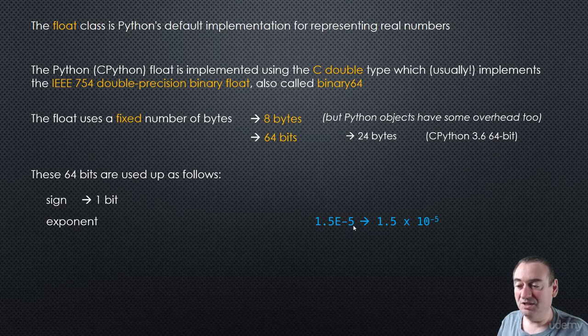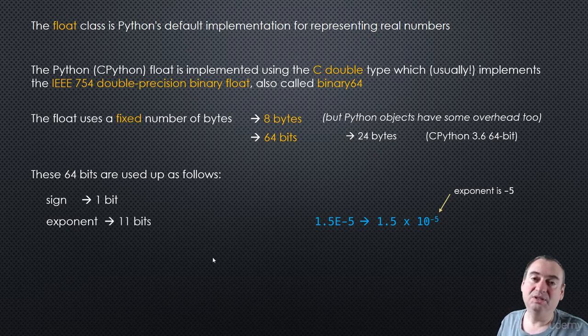And this notation is standard in Python. You can use that to create a literal for a floating point number. The case of e can also be lowercase, it doesn't matter. But this number here, this negative 5, that is the exponent. So any number can be written as a number times 10 to the power of something. And that something is the exponent.